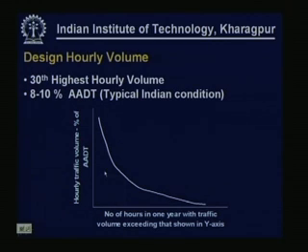Theoretically, if we assume a very high percentage, maybe say 20% of the daily traffic as design hourly volume, probably not even a single hour in a year will the hourly traffic volume be more than that.